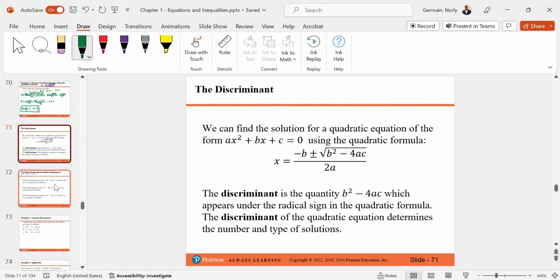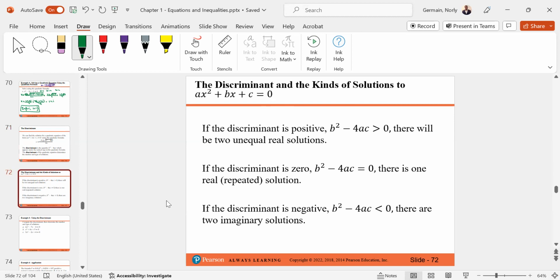On the next slide, if the discriminant, that means b squared minus 4ac, is positive, there will be two unequal real numbers.